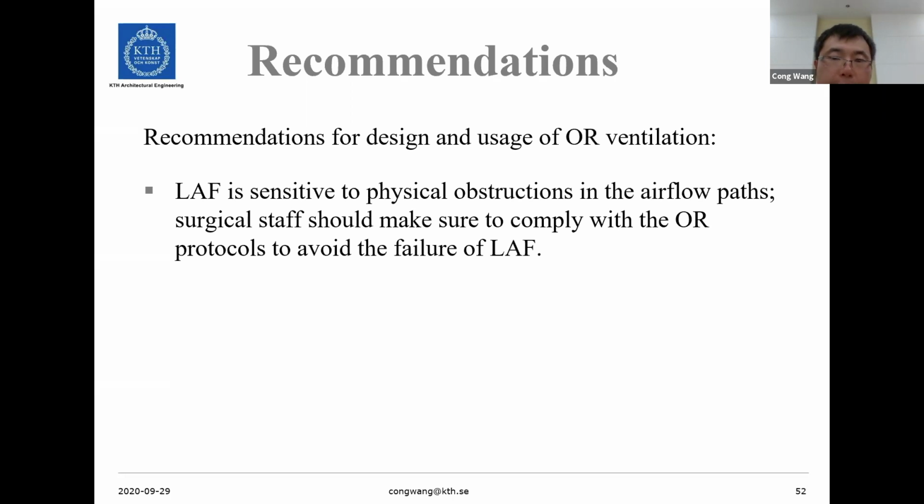And if we recall the surgical lamp case, we can say that laminar flow ventilation is sensitive to physical obstructions in the airflow path. Surgical staff should make sure to comply with the operating room protocols to avoid the failure of laminar flow ventilation.